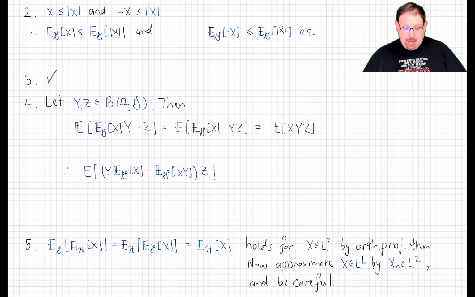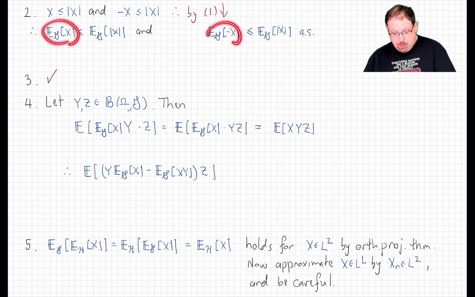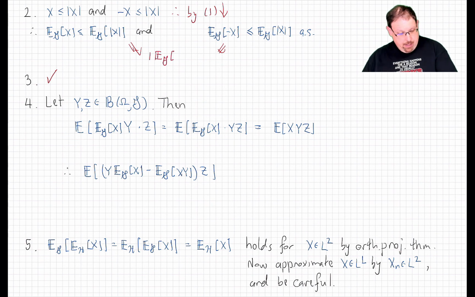Since both x and negative x are less than or equal to the absolute value of x, by the monotonicity property of point 1, we get that both the conditional expectation of x given G and the conditional expectation of minus x given G are less than or equal to the conditional expectation of the absolute value of x given G. Putting those two together tells us that the absolute value of the expected value of x given G is less than or equal to the conditional expectation of the absolute value of x given G, almost surely, which demonstrates point 2.